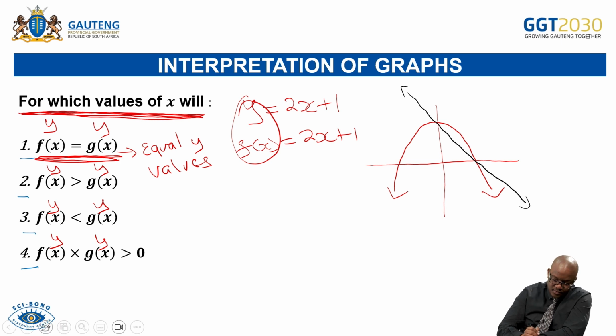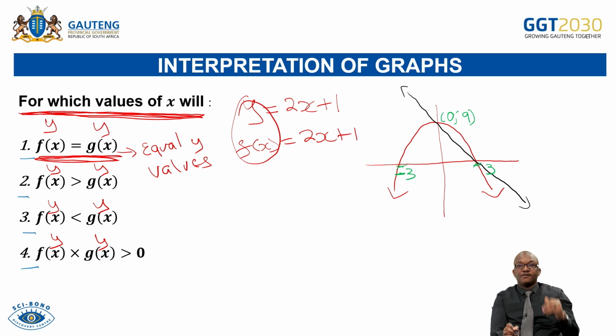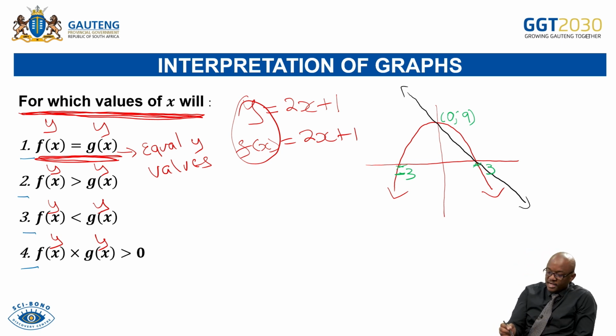So we then say our turning point is (0, 9), right? And our x-intercepts, let's say this side is maybe -3 and 3. Suppose that we have something like that.